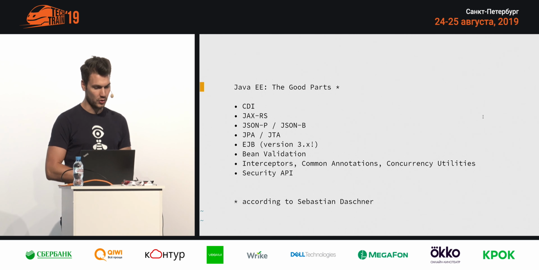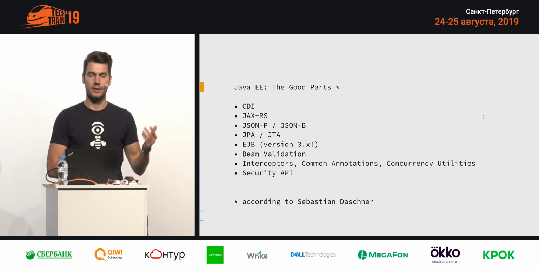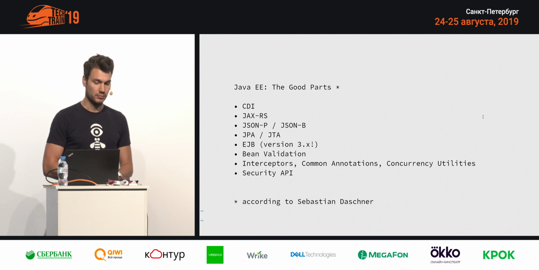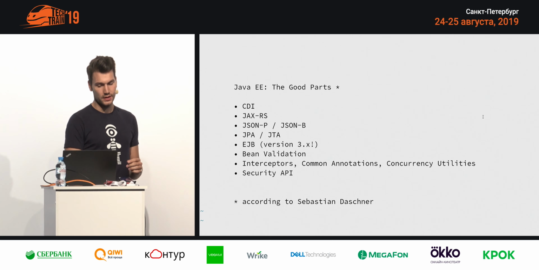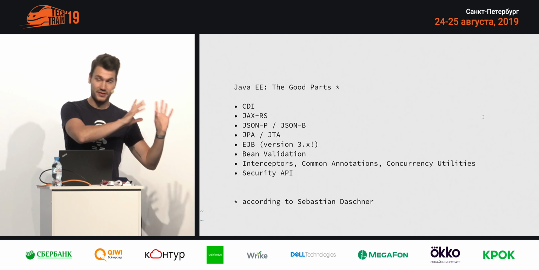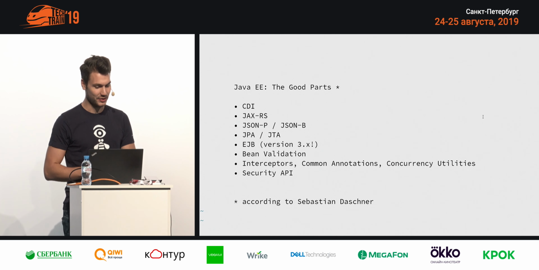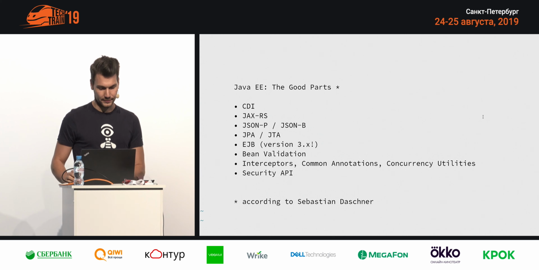So this is what I'm going to show. Mostly things like CDI, JAX-RS. These are APIs that a lot of developers know and like. Then JSON mapping, JPA, JTA for persistence, EJB if you use the modern version, like version 3, and that's okay. Things like bean validation, interceptors, and so on and so forth.